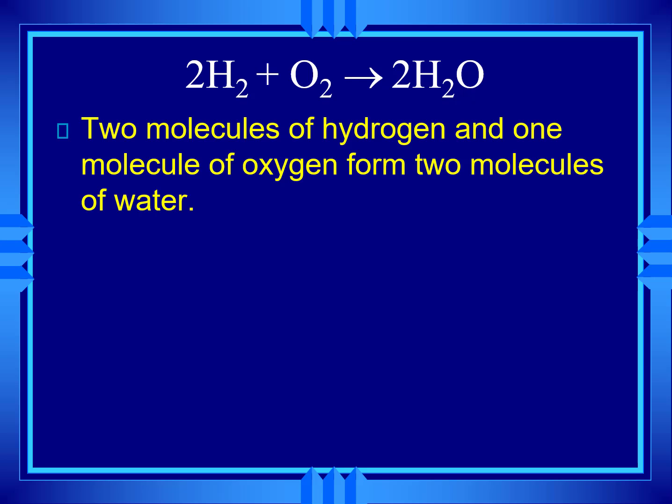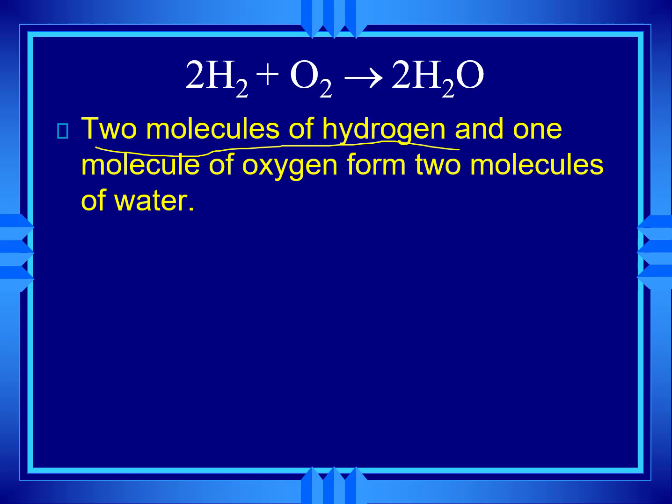So that 2H2 could say 2 molecules of hydrogen. The plus sign means and, so and 1 molecule of oxygen. I'm just taking the coefficients to get the 2 and the 1, and it's going to form 2 molecules of water.